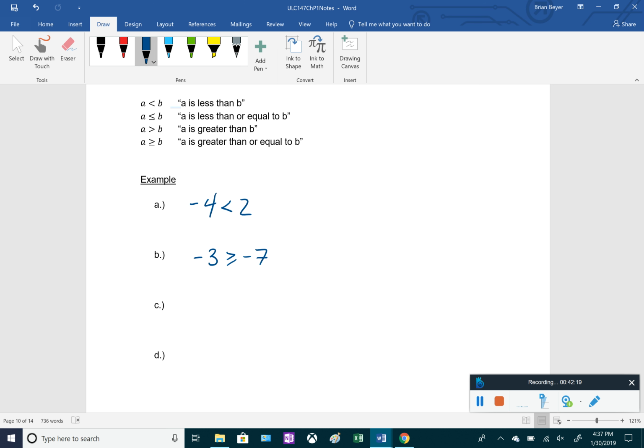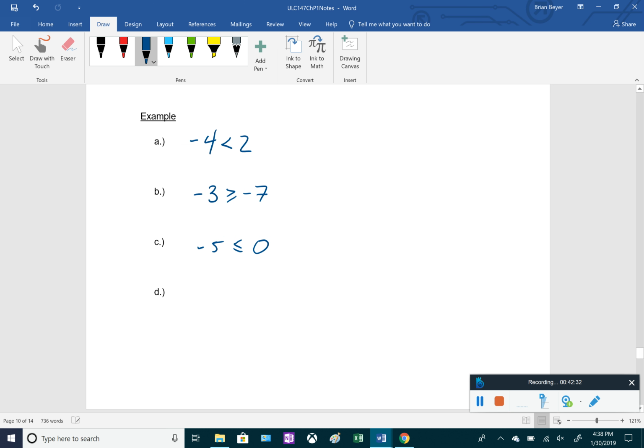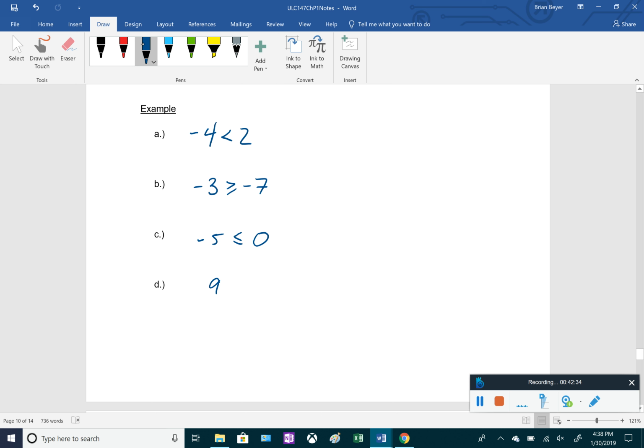The or equal to, that's completely fine. It's greater than or it is equal to. It's greater than, so it suffices. -5 less than or equal to 0, that also is true. And 9 greater than or equal to 9. That last one looks a little weird, but it says or equal to, so technically that's true because they are equal.